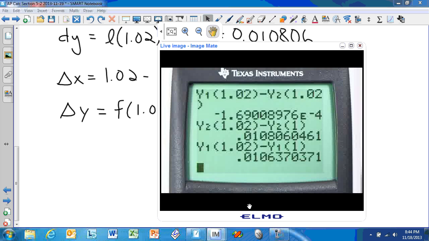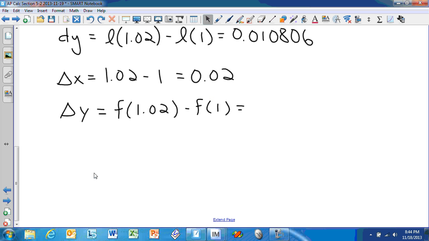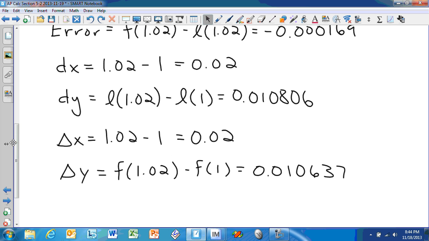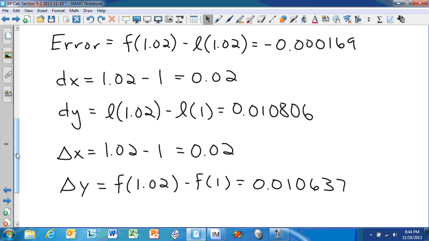And we get, again, a very small value here, 0.010637. And you can see that the difference in your delta y and dy there are very, very small. In fact, that difference is the exact same as our error, remember. That's another way we can calculate the error.